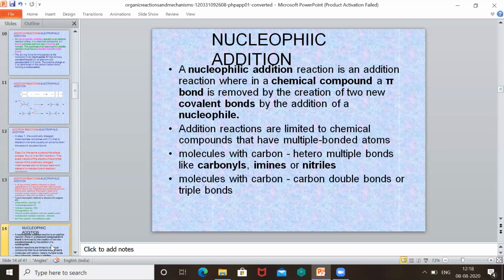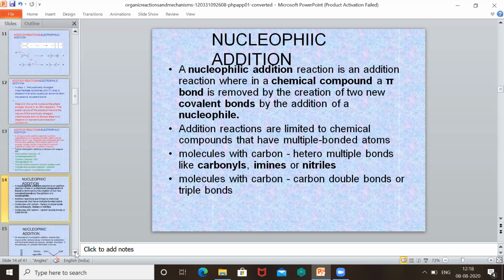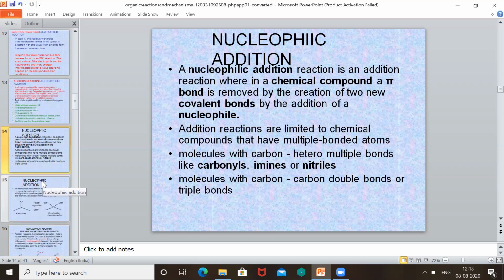It is restricted; carbon-carbon double bonds undergo electrophilic addition reactions. But carbon and other heteroatom double or multiple bonds, like carbonyls, imines, and nitriles, undergo nucleophilic addition reactions. Molecules with carbon-carbon double or triple bonds also do so in exceptional cases.